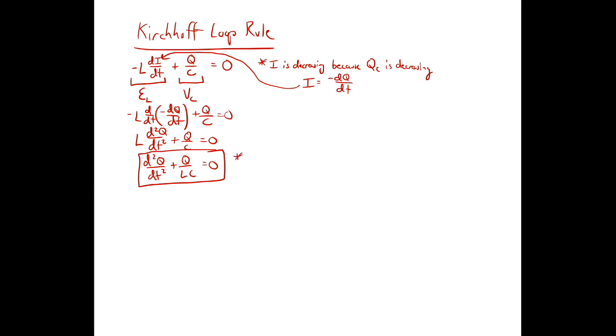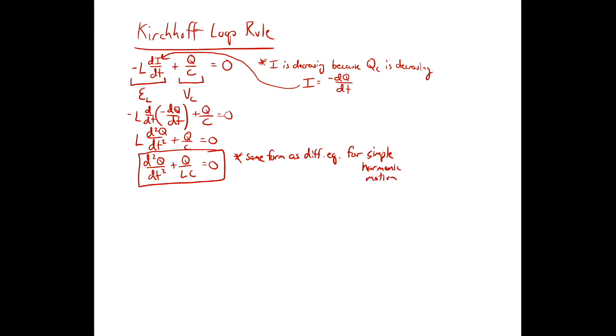If you remember anything from Physics 7A and your discussion of simple harmonic motion, you will see that this is the same form as the differential equation for simple harmonic motion from before.